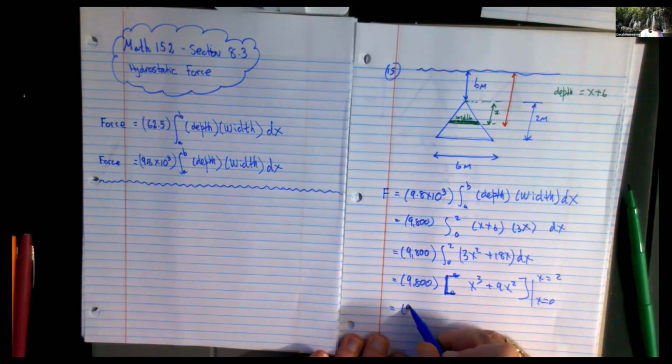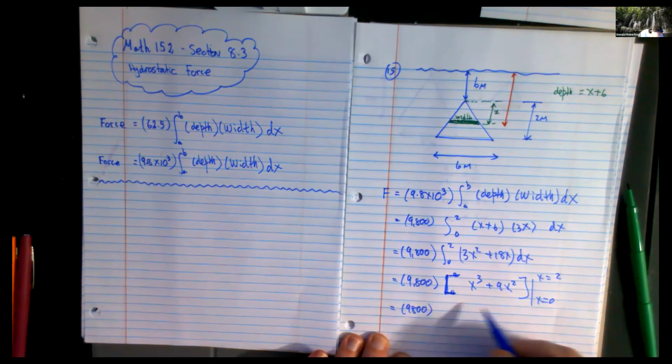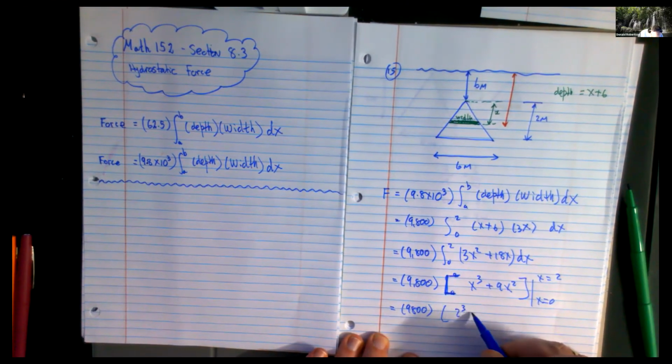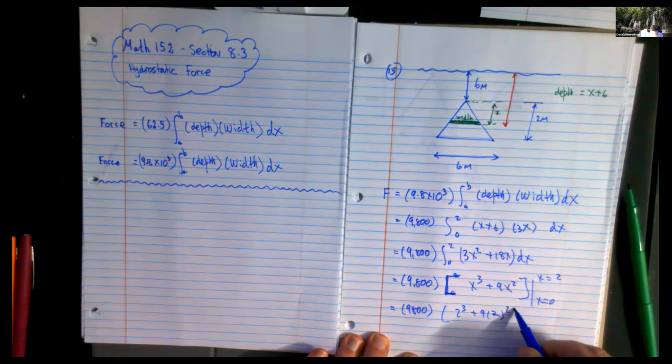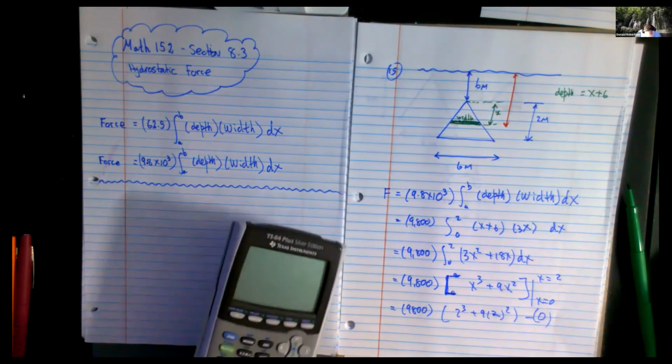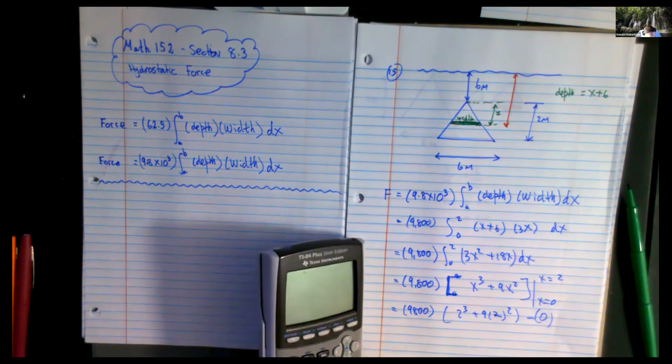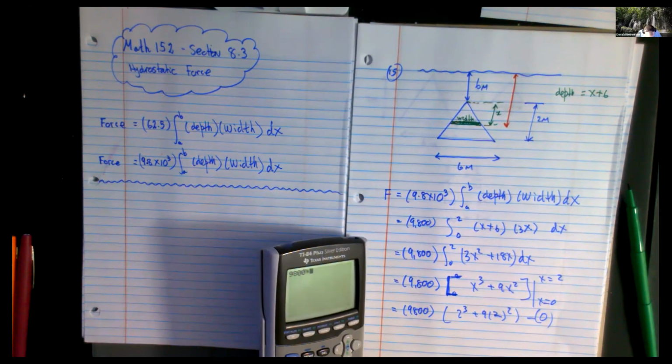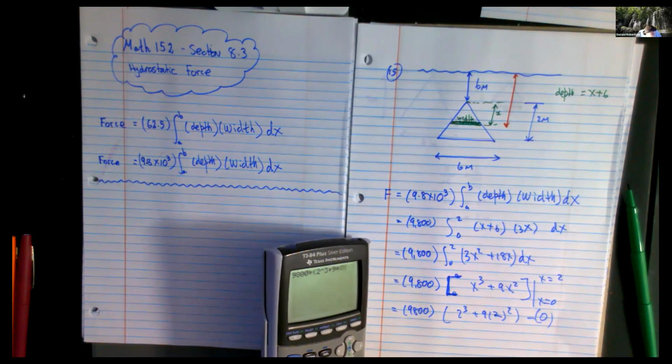So what's that? 9,800 times 2 cubed plus 9 lots of 2 squared, take away a whole load of nothings. And finish with a calculator: 9,800 multiplied by a bracket, 2 cubed plus 9 times 2 squared.